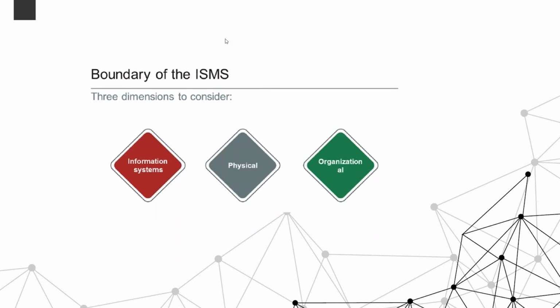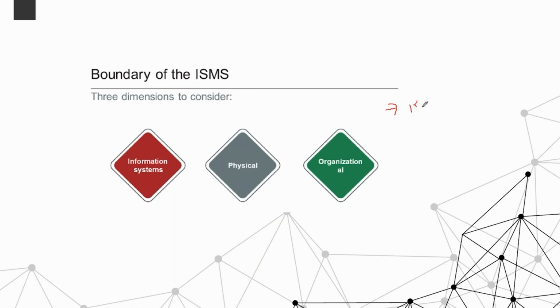Once we have all this information, then we go with defining the ISMS scope. Now when we define the ISMS scope, there are key points which need to be included.